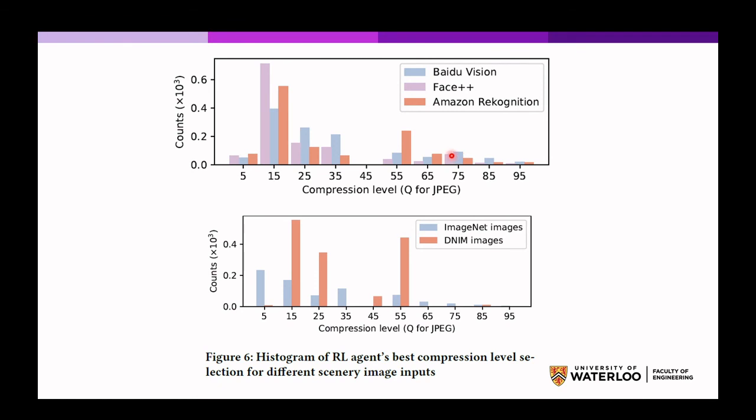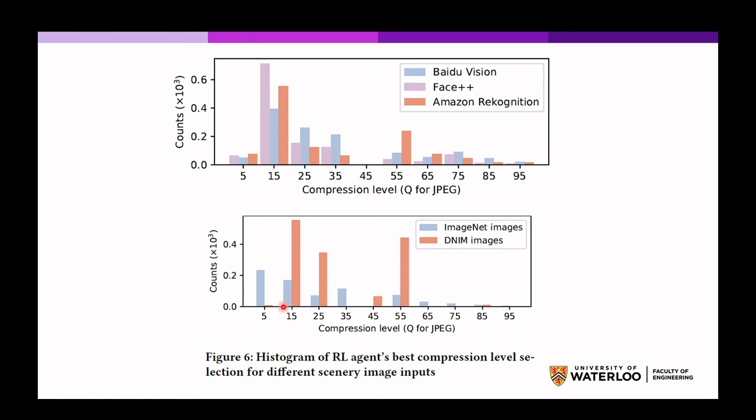Here in the first figure, I'm going to show different cloud computer services and the distribution of each quality factor. We can observe that quality factor 15 is the one that has been selected most during the inference.